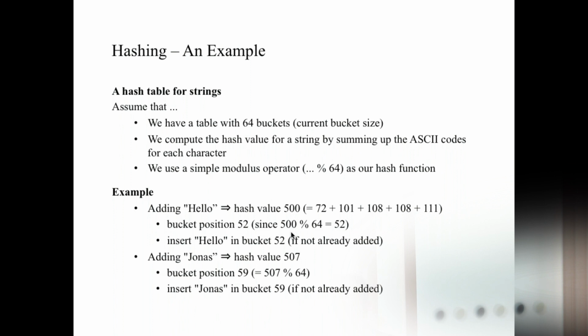So if two objects are equal, according to the semantics that you have written in the equals method, then the hash code for those two objects should be the same. On the other hand, if two objects have the same hash code, it doesn't necessarily mean they are equal, because two different objects can have the same hash code.